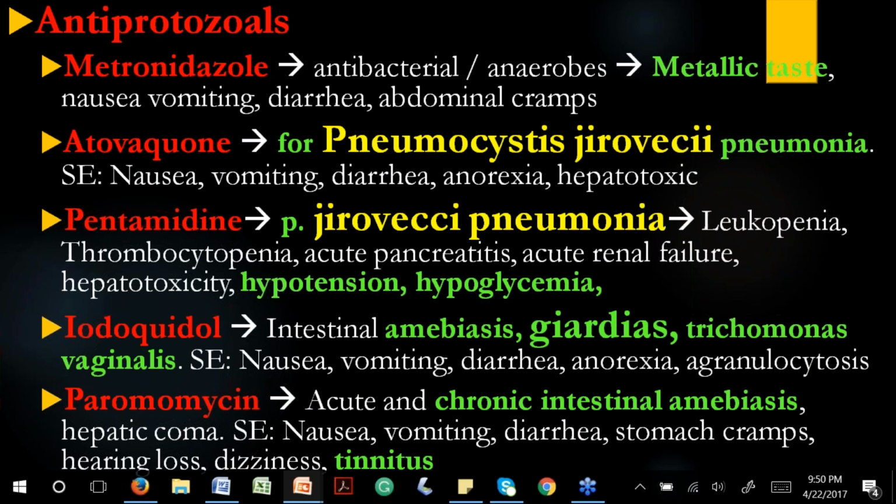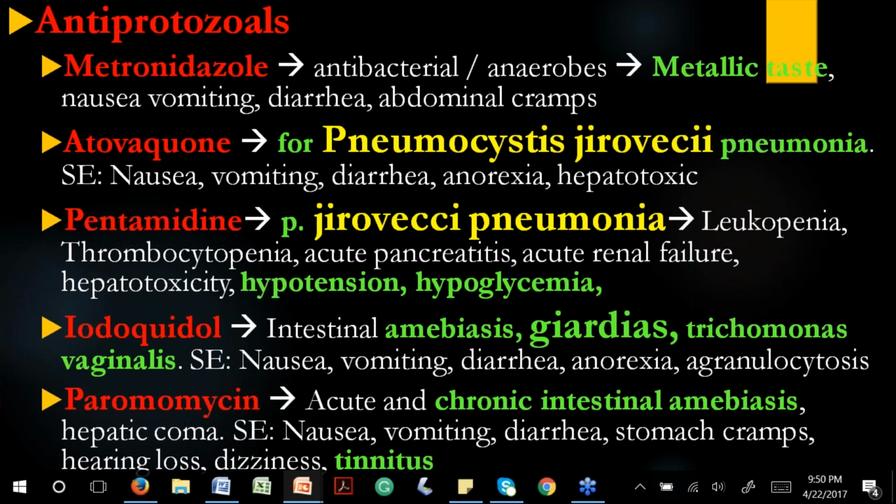Giardiasis, the Giardia lamblia, is going to have diarrhea with what? With bleeding. And it can be used for Trichomonas vaginalis. Trichomonas vaginalis is very itchy, with a very foul, strong, fishy smell, and a lot of itchiness.